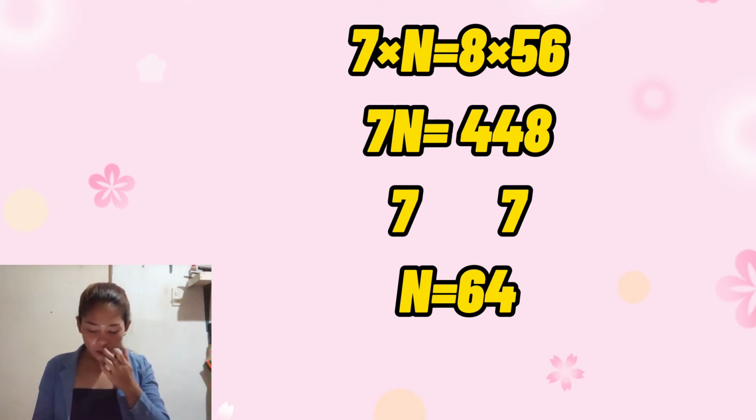So 7n equals 448, over 7, cancel the 7, and what is left is n. Divide 448 by 7, and the answer is 64. So, the value of n is 64. Kuha na ni siya.